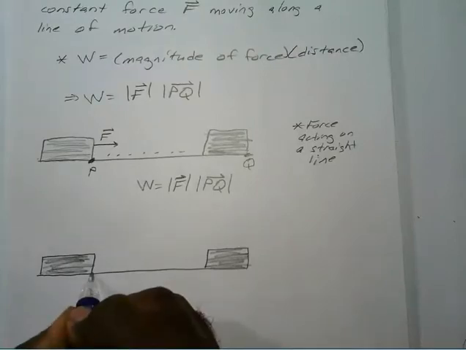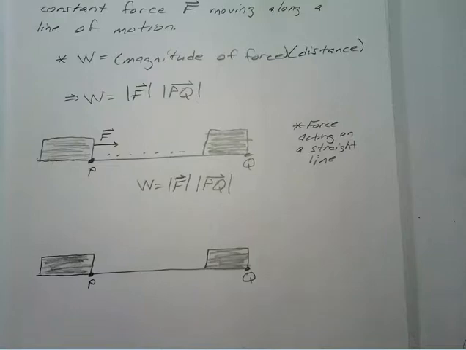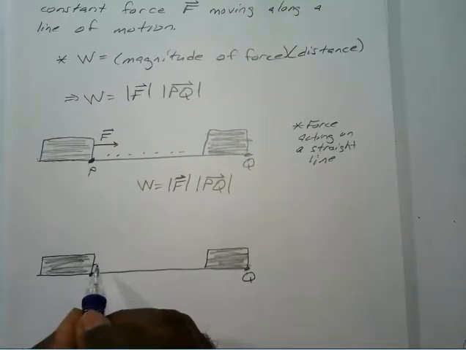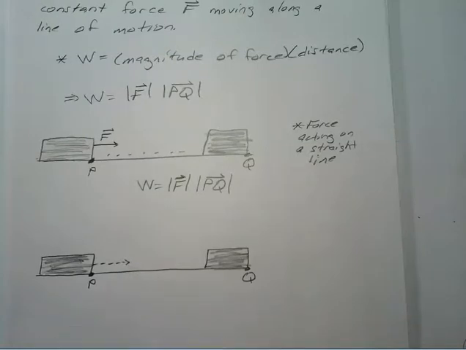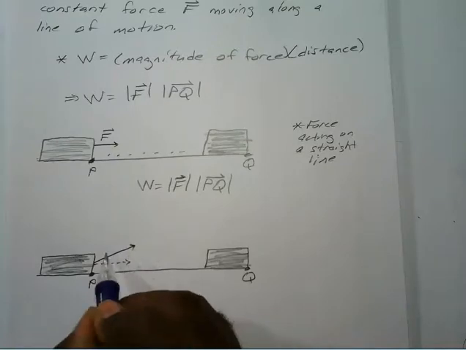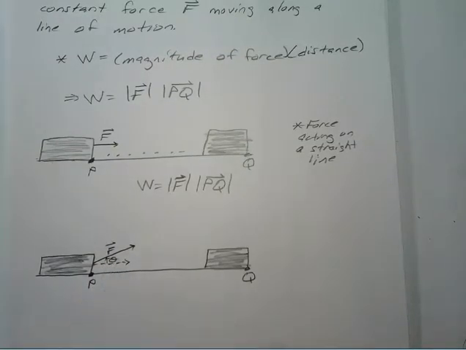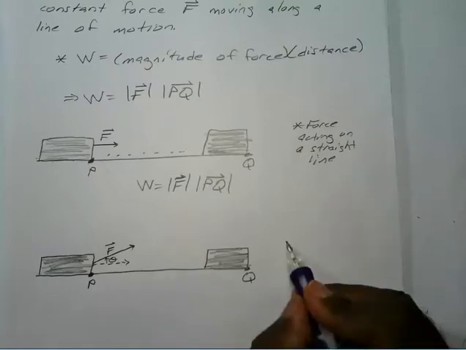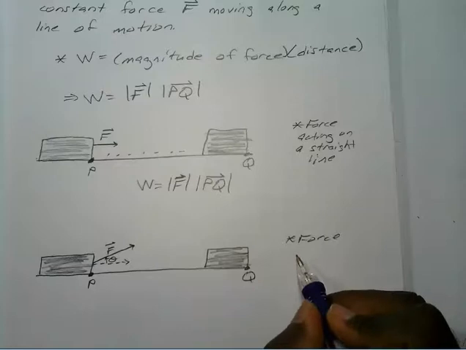And again, we're going to move that object from point P to point Q. But we're not moving along that straight line. What if our force is moving at an angle, which is a certain number of degrees or radians from that straight line? This would be your force not directed along a line of motion.